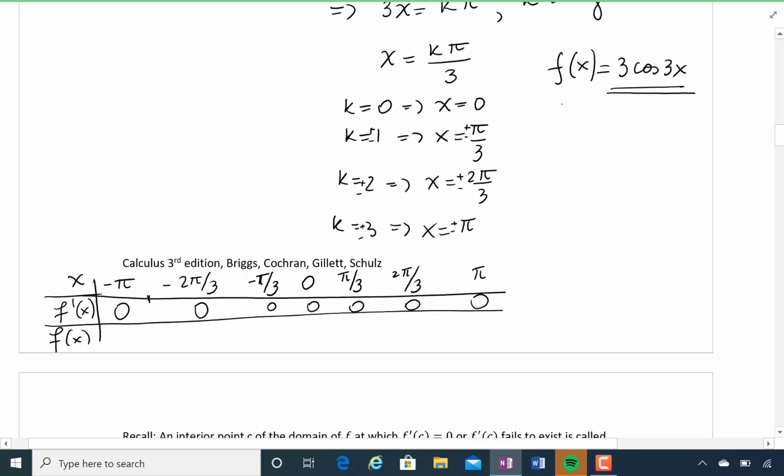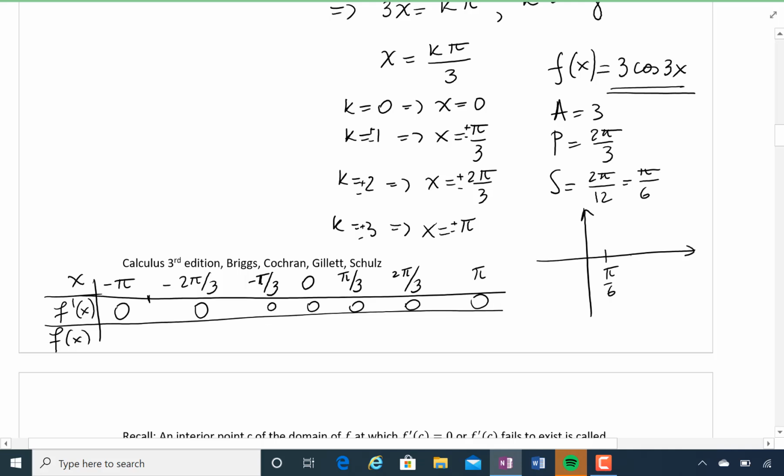If we graph it, we know the amplitude is 3, the period is 2 pi over 3, and the scale is 2 pi over 12, which is pi over 6. So basically, our graph looks like this: pi over 6, 2 pi over 6, 3 pi over 6, 4 pi over 6, and then negative ones: negative pi over 6, negative pi over 3, negative pi over 2, negative 2 pi over 3.